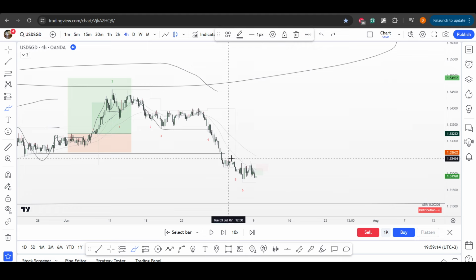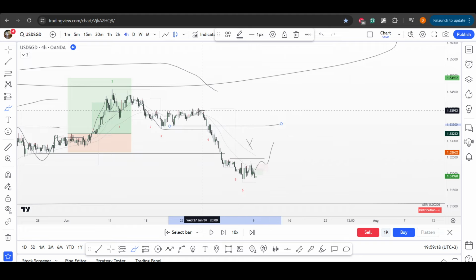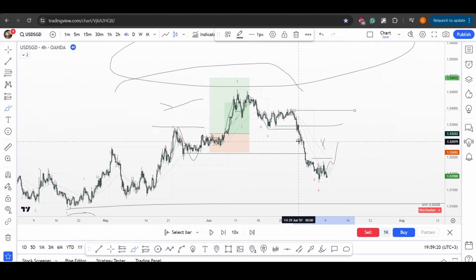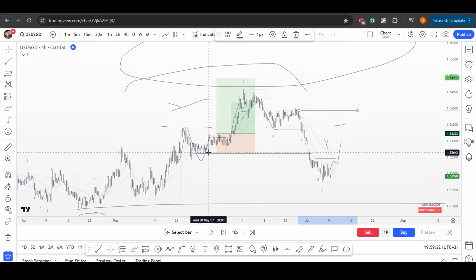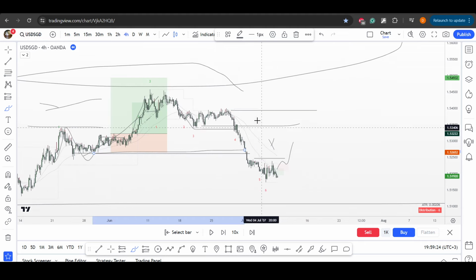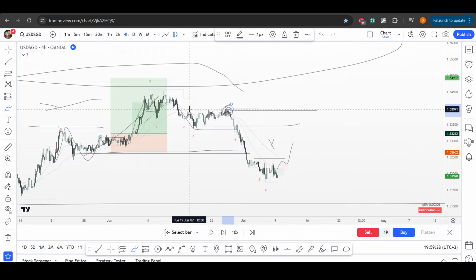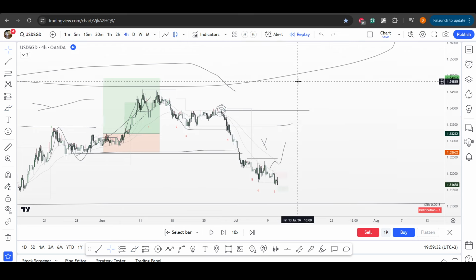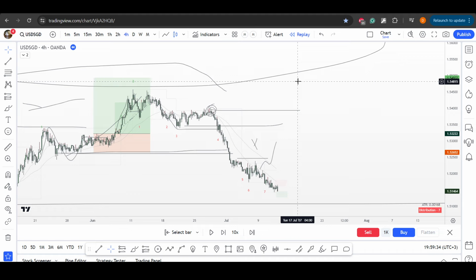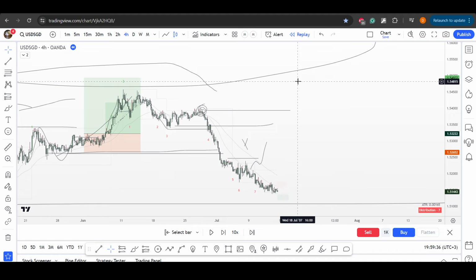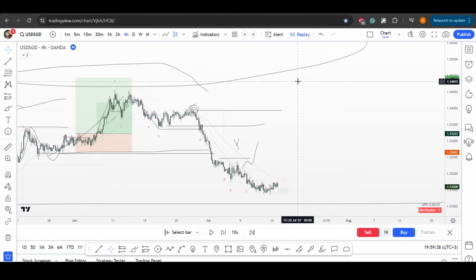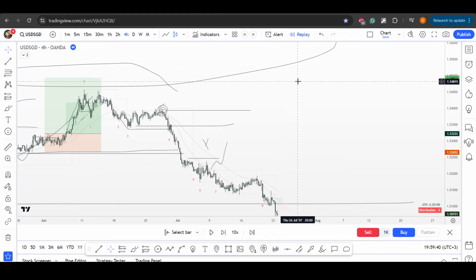What I would like to see is some kind of liquidity taken, and then continuation to the upside. We definitely have this swing here. So let's just see. So far it continues to the downside, but very choppy, very slowly, nothing for me.